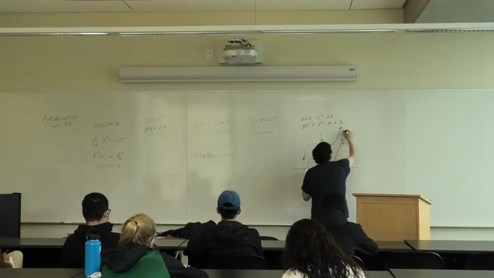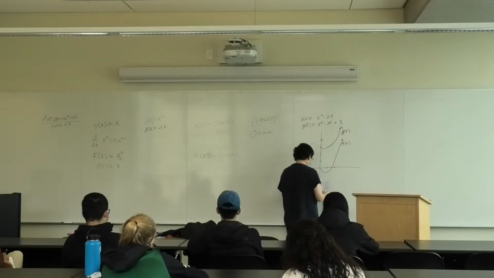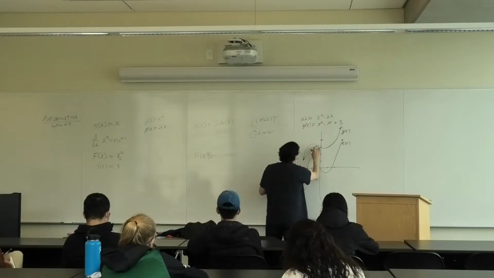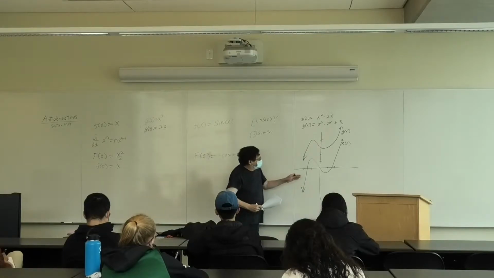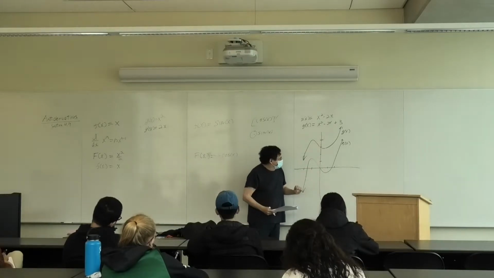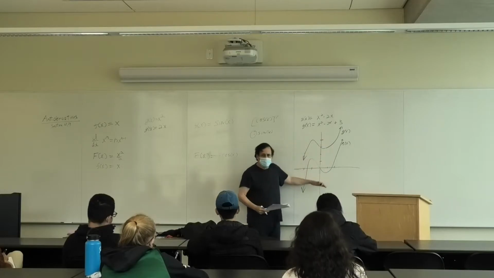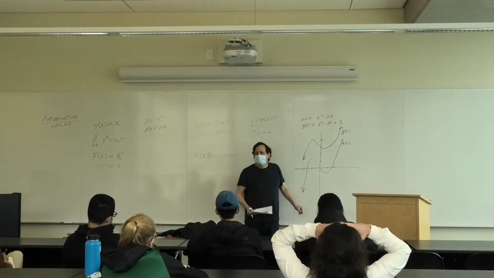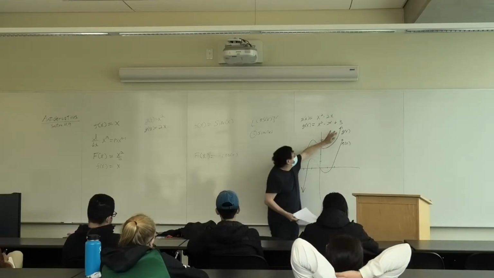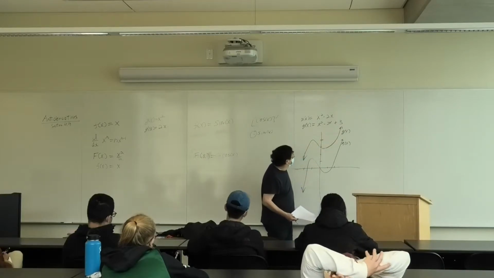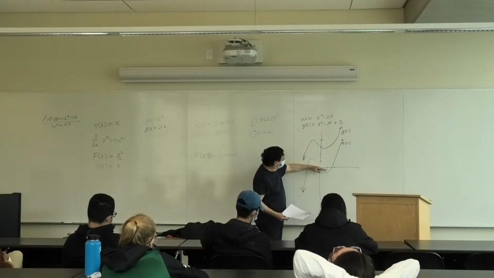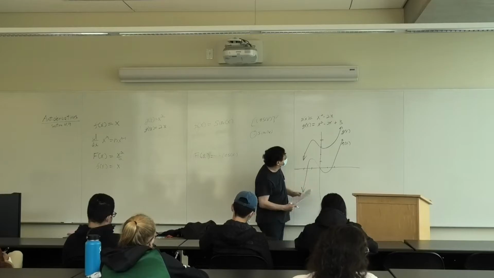And this is my g of x. And in spite of the lack of perfection in my drawing, these both look exactly the same. They should. They just differ by this constant 3. This function moved up 3.